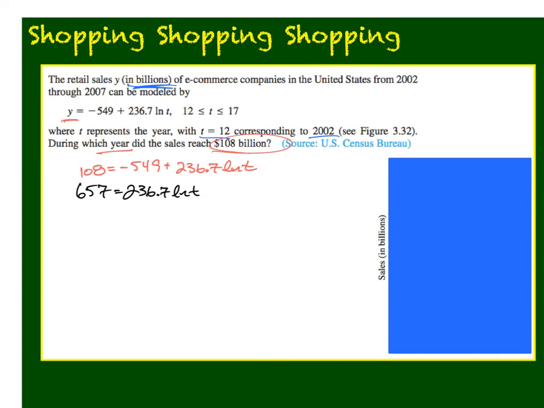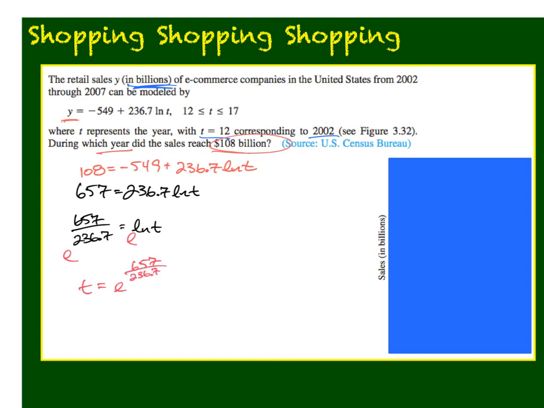Now I need to divide. So now I have 657 over 236.7 is equal to natural log of T. Now I have a natural log, and what am I going to do with it? I'm going to exponentiate it. So now I E both sides, and I get T is equal to E to the 657 over 236.7.